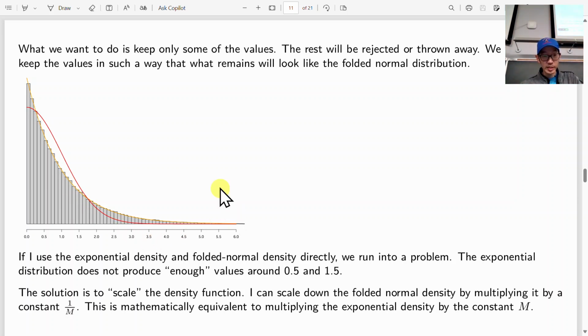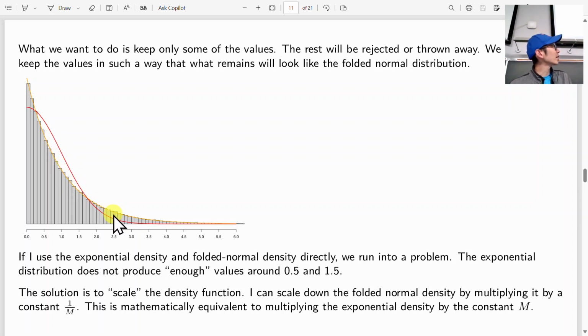Now, if I just use the exponential values directly and compare them to the PDF of the normal distribution, if I didn't use the acceptance ratio, but I just said, if f is less than g, we throw those values away, then the resulting distribution would have certain segments, like between 0.5-ish and 1.5-ish, where I don't have enough values generated, because the exponential distribution is not proposing enough of these values.